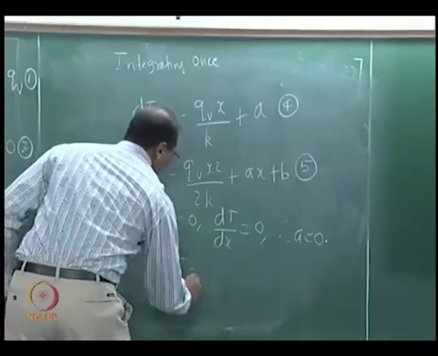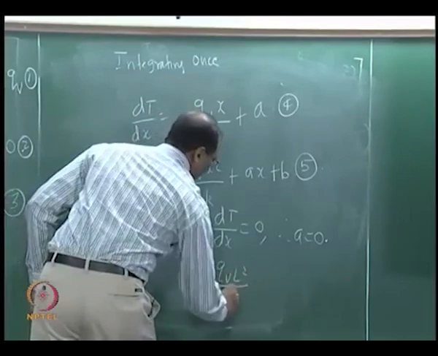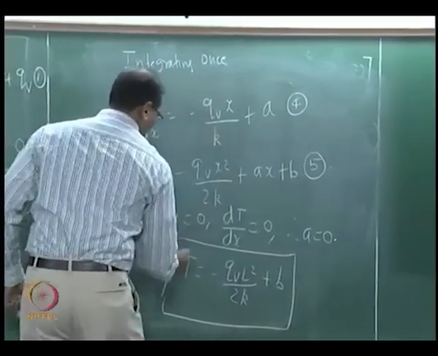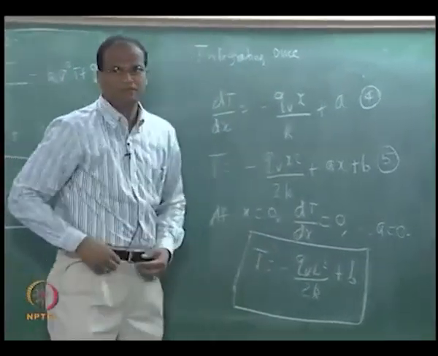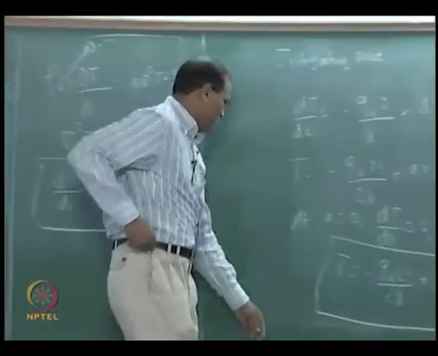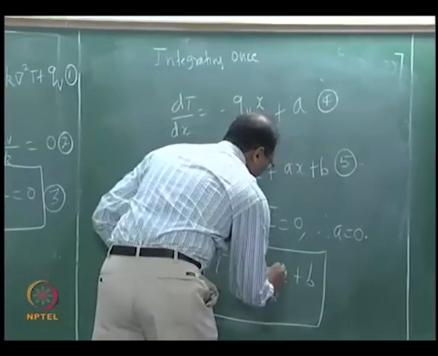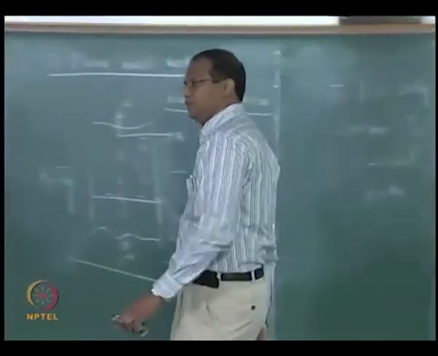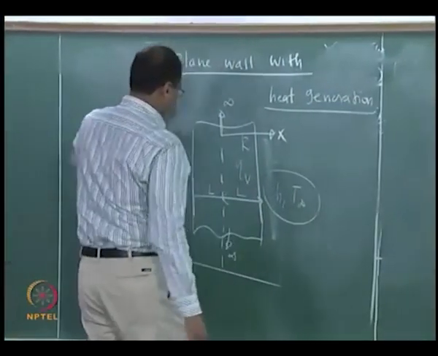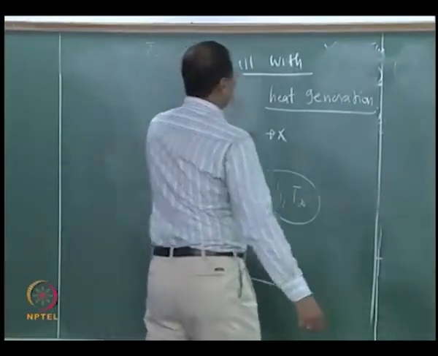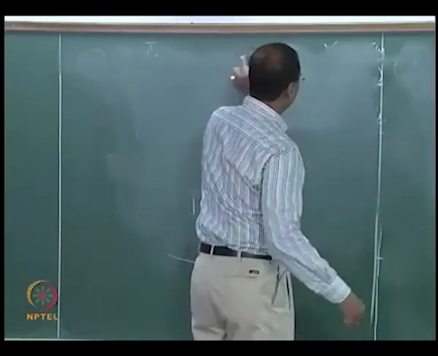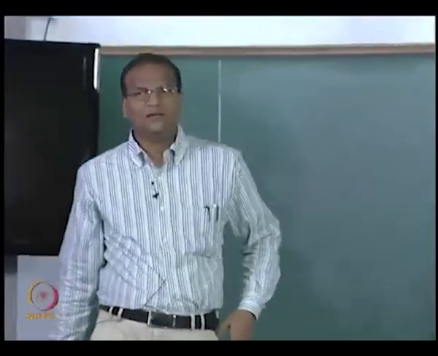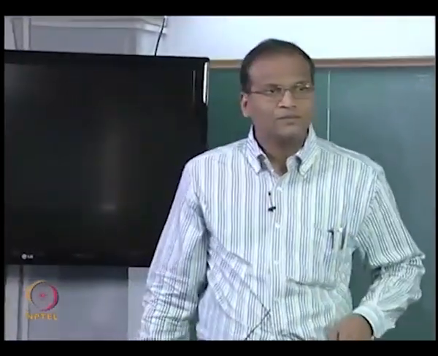T is equal to minus QV x squared by 2k plus B. How do I get the B?